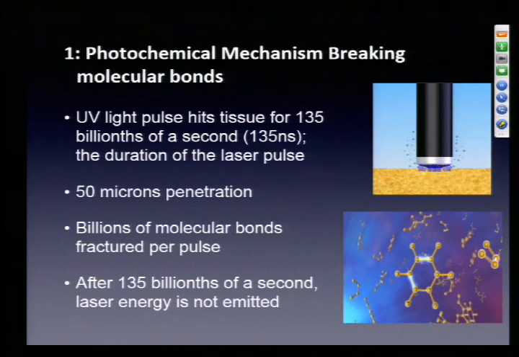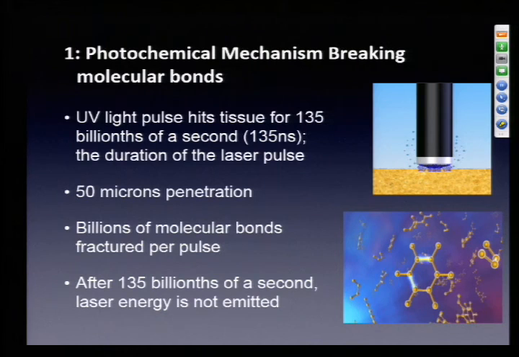The first mechanism by which a laser works is a photochemical breaking of molecular bonds. It's a UV light pulse. It's actually a cold laser that hits tissue for about 135 nanoseconds, which is just the duration of the laser pulse. It has a very small penetration, only 50 microns, which makes it relatively safe within the coronary vessels.